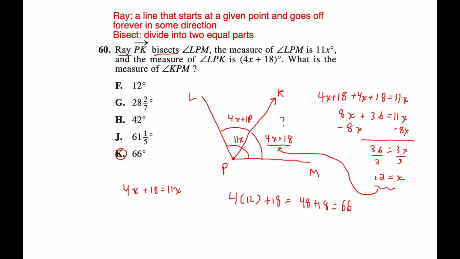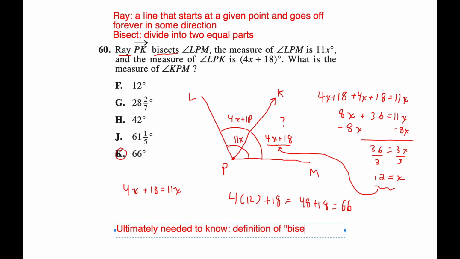All right, and then at the bottom here, I'm going to write out what we ultimately needed to know mathematically on this question. Basically it came down to understanding the definition of bisect and how to solve an algebraic equation.